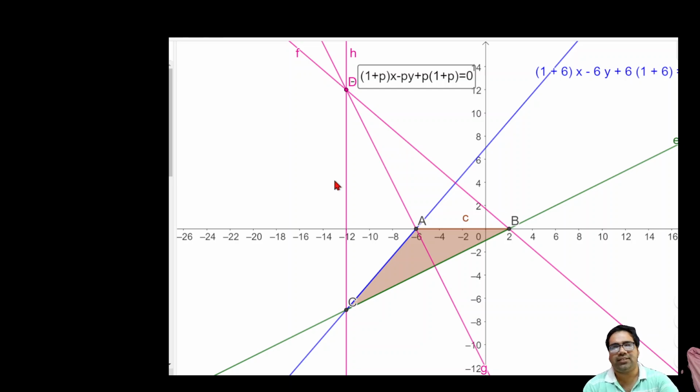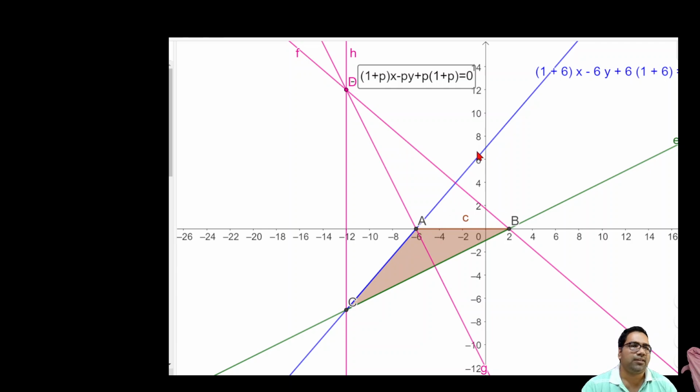Now, in this triangle, there is this blue line. What is this blue line? The blue line is the line where the intercepts are −6 and +7. We just discussed, −6 and +7, −5 and +6, whatever.